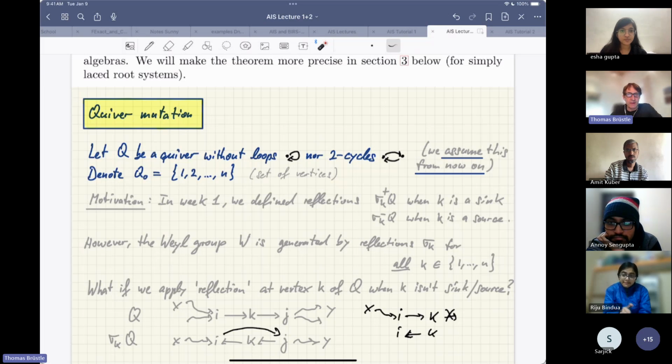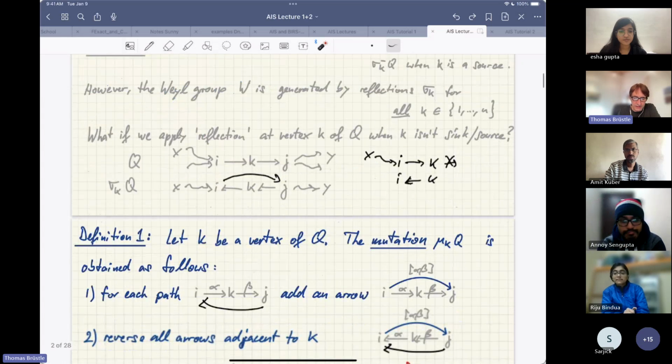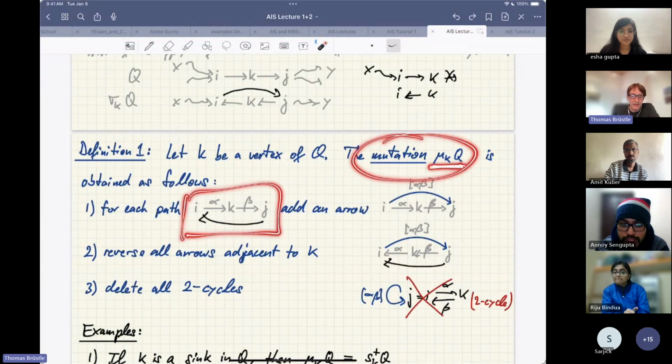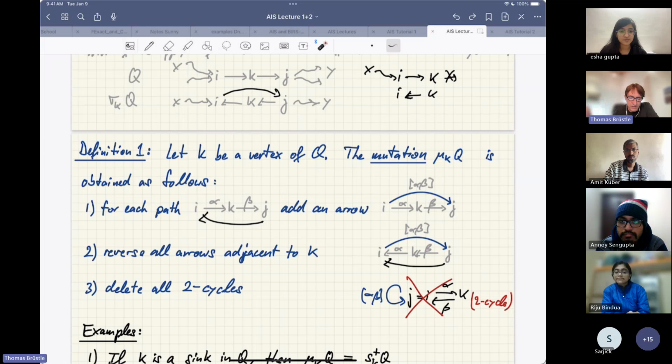And the result is that we need to introduce some additional arrow from I to J, and then we turn around the orientation of the arrows. So that was our mutation at an arbitrary vertex, which is not necessarily a sink or a source.